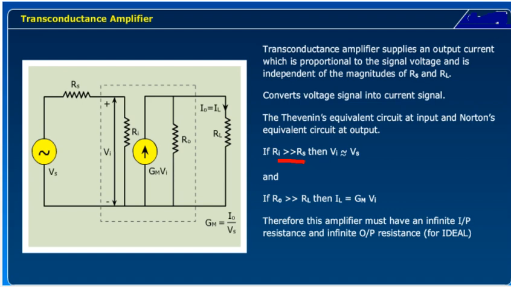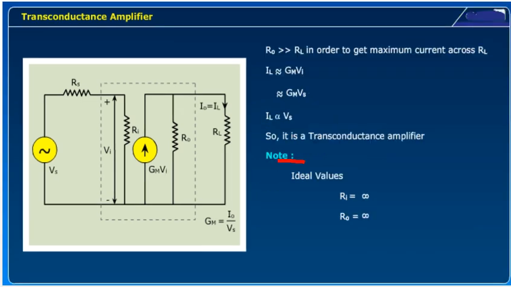Therefore this amplifier must have an infinite input resistance and an infinite output resistance for the ideal condition. If R0 is greater than RL, in order to get the maximum current across RL, IL is nearly equal to Gm into Vi. So IL is directly proportional to Vs, and it is called the transconductance amplifier.